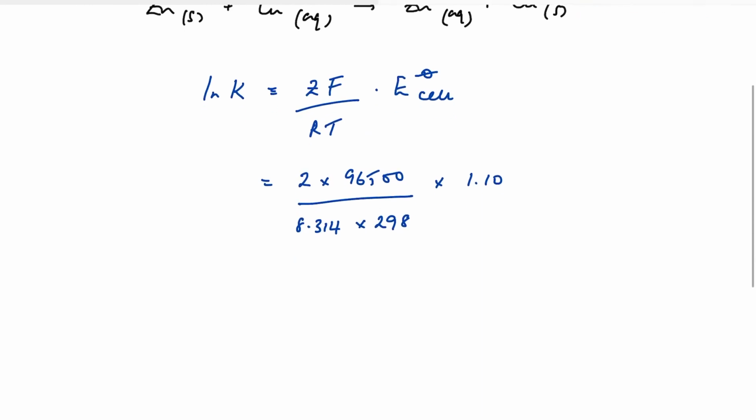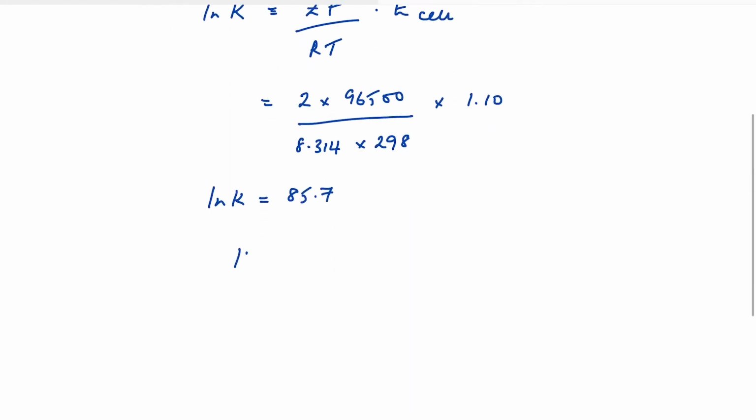And when you plug that into your calculator, we find that ln K is equal to 85.7. So K is equal to e to the power of 85.7. If you're not familiar with this, practice putting it into your calculator. And that comes out to be 1.66 times 10 to the 37.